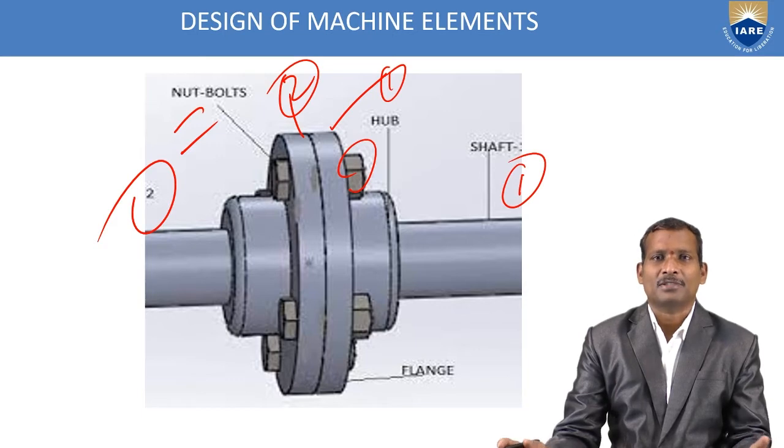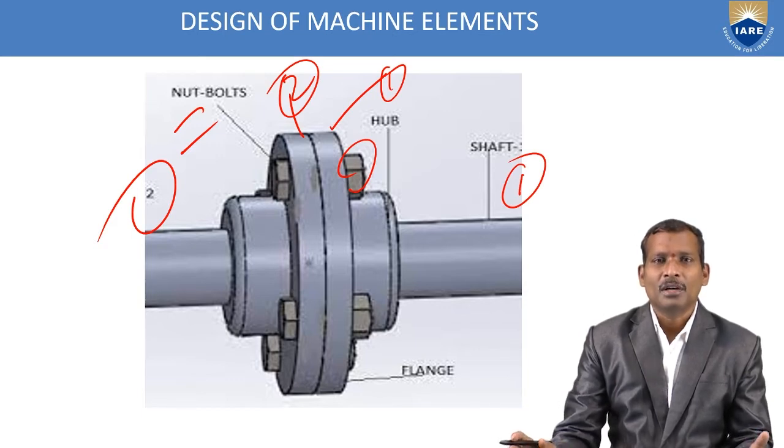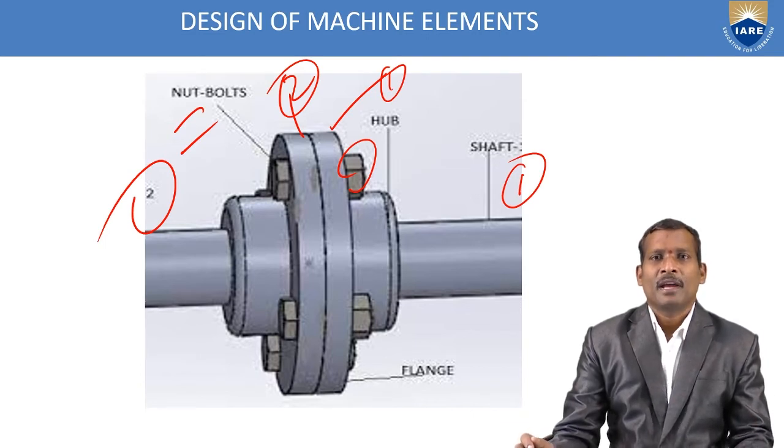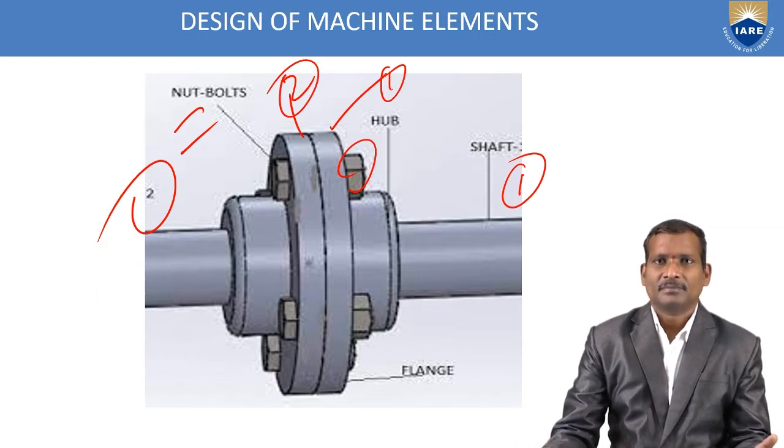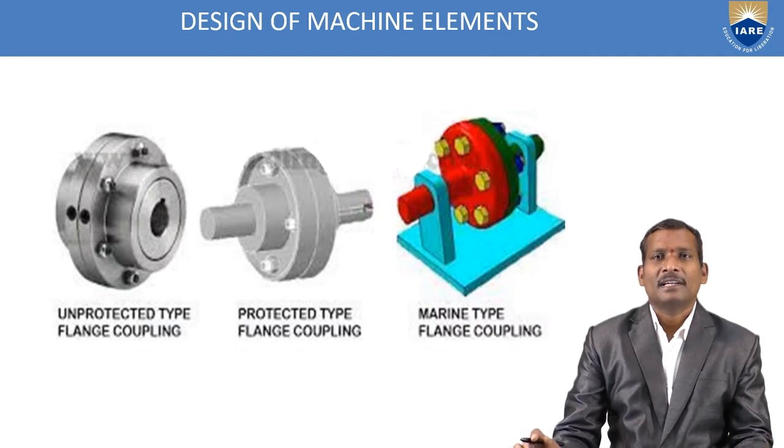In the design of a flange coupling, first we have to understand what components that particular machine element has, then what forces act on it, then calculate stresses, and next calculate the dimensions of each and every component. Clear? So we will see how to design. These are the types of flange coupling.